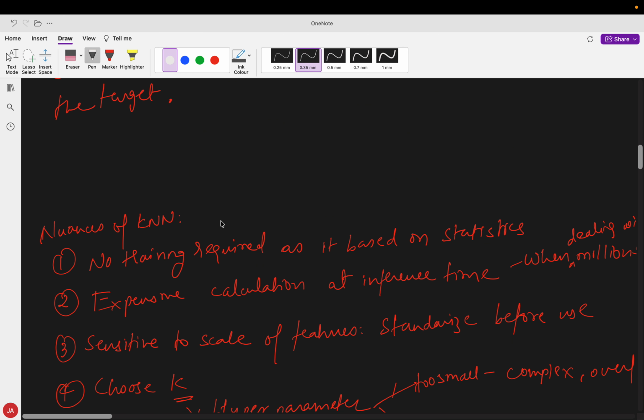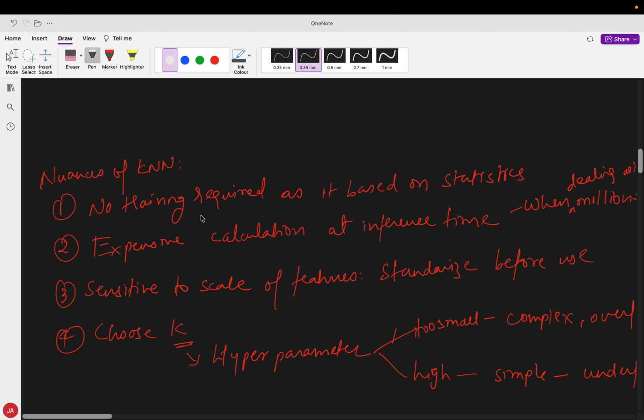Now, what are the nuances of KNN? KNN doesn't rely upon gradient descent or any such algorithm. It is just simple statistics where we compute the distance, pick the nearest neighbors, and make the final prediction for the target. So no training is required, as it is based on a simple formula.